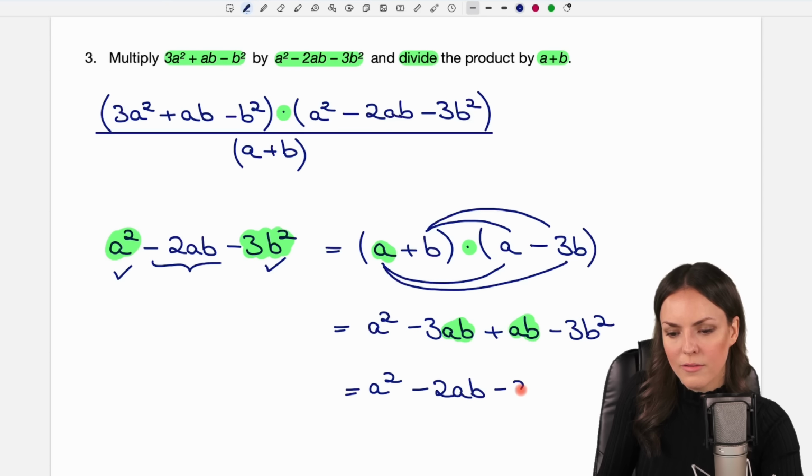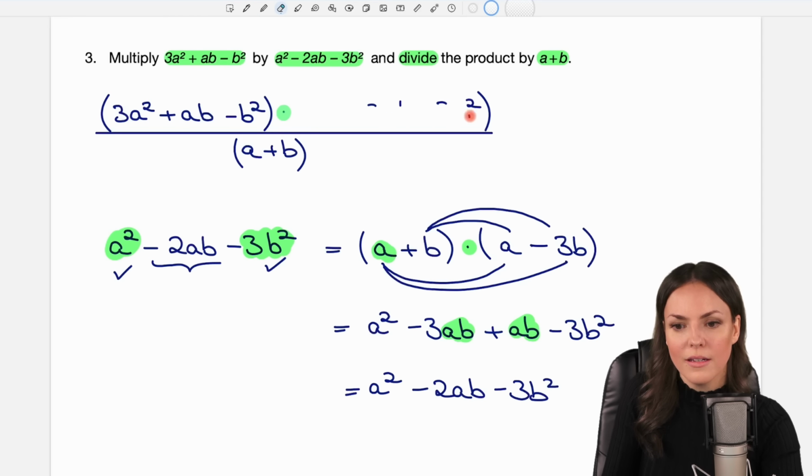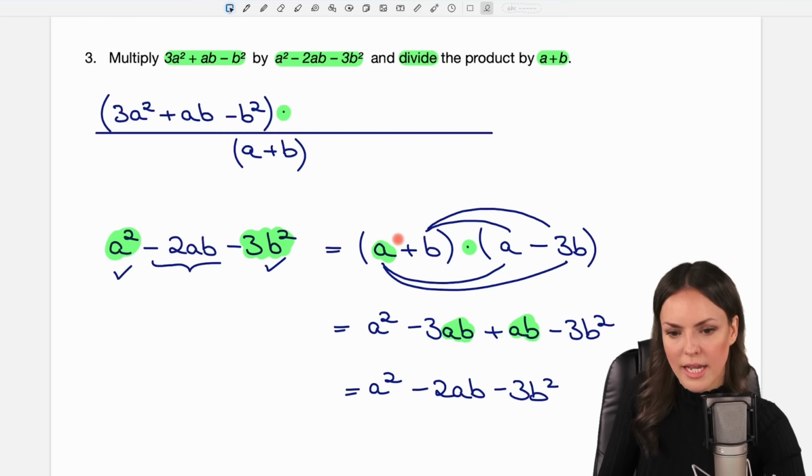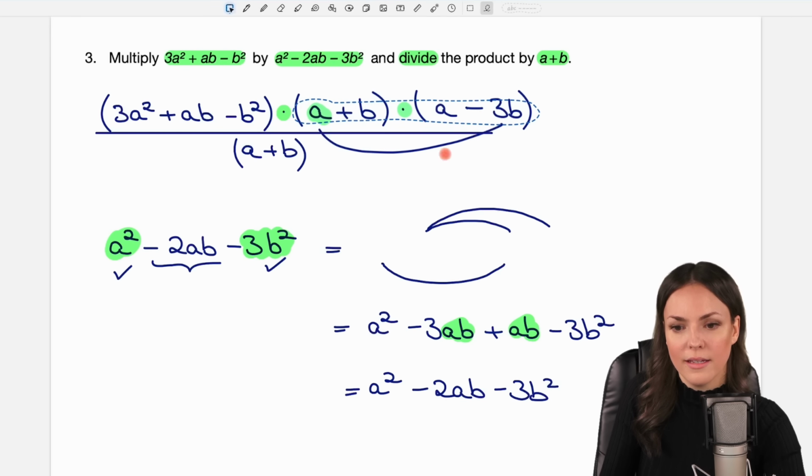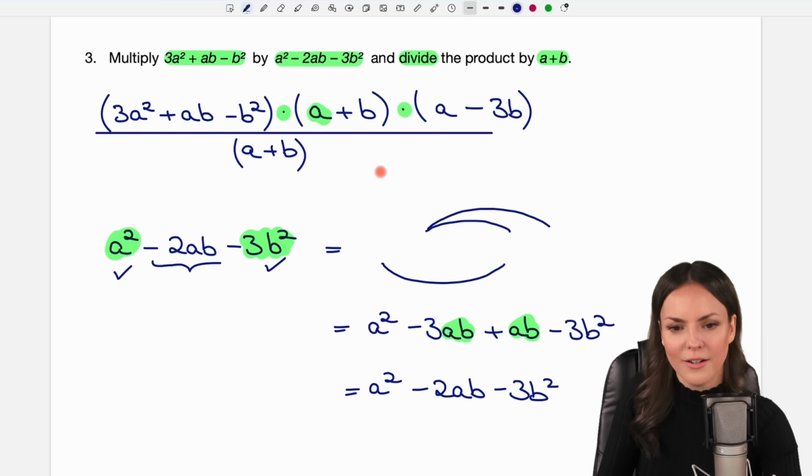And then the negative 3b squared. Can you see that this is exactly this? So these sides are the same. So instead of this thing here, we can just take what we just found, write it like this, just without this thing here. And now we have a product, and now we can cancel things out.